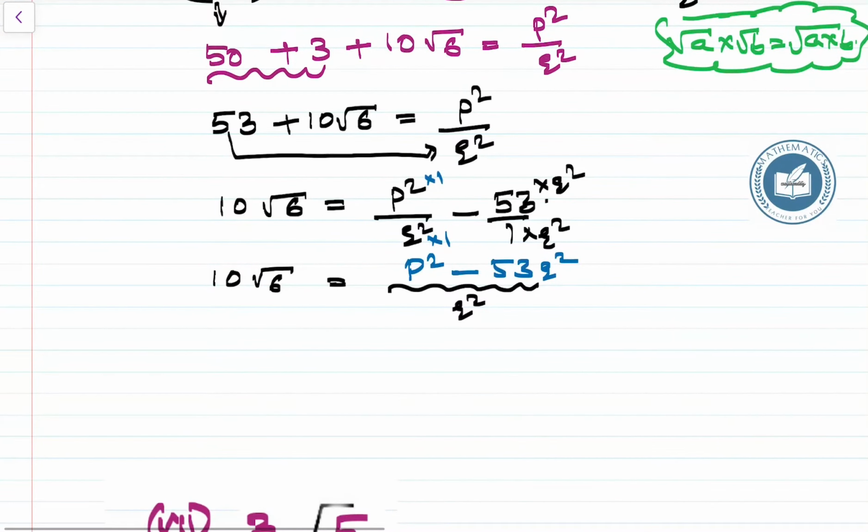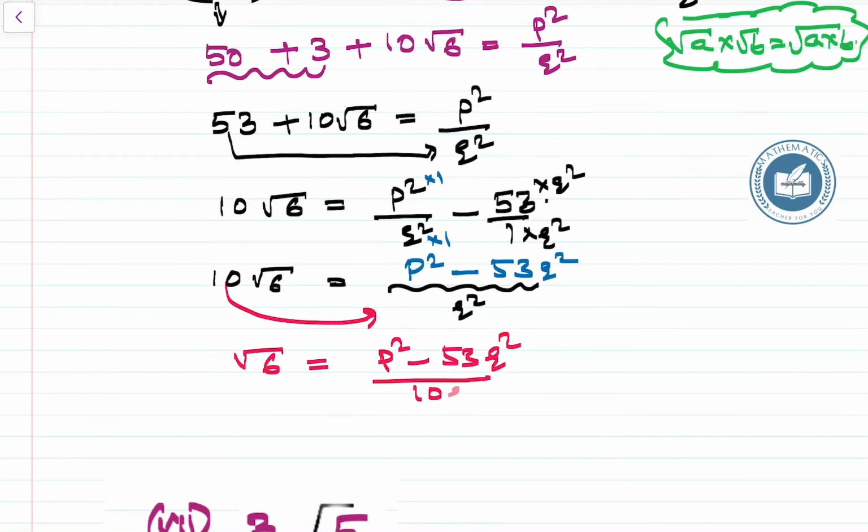To get a rational number on the left hand side, transposing 10 from left to right, root 6 equals p square minus 53 q square upon 10 q square.